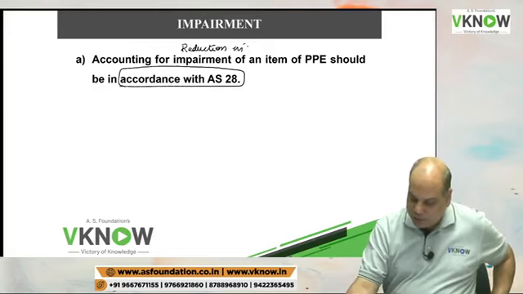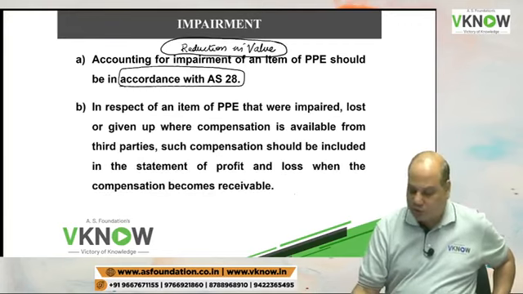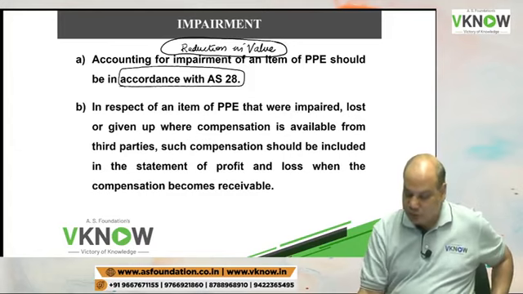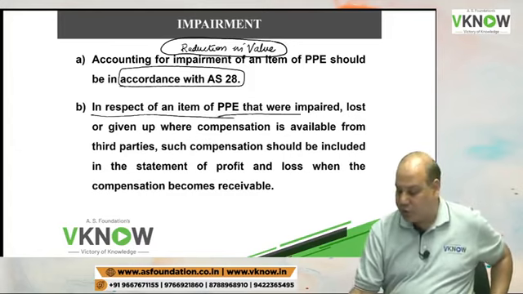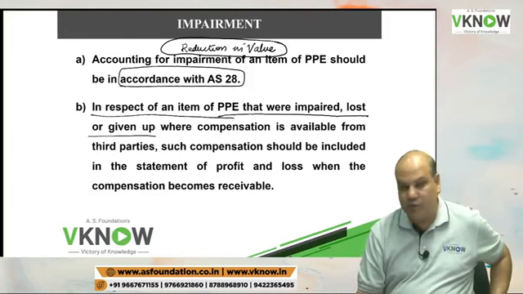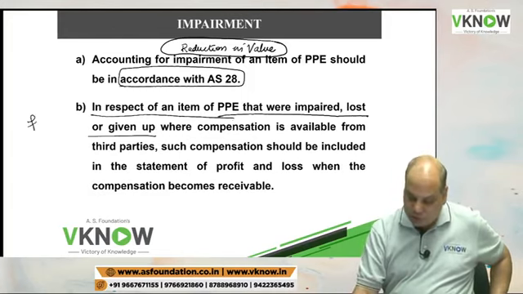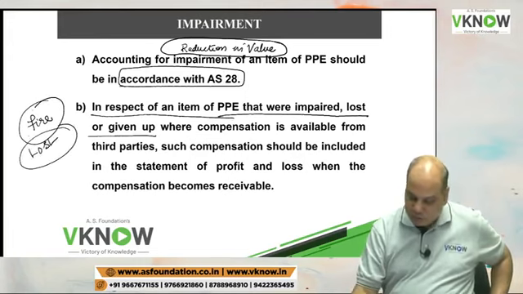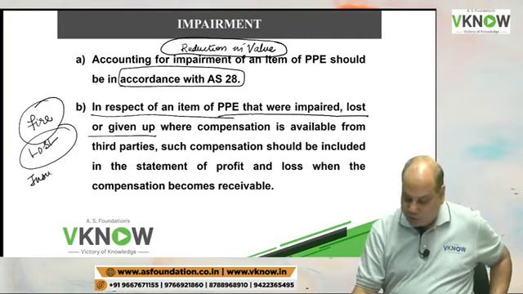However, this is altogether a different chapter, not applicable for your syllabus right now. Point number B: in respect of an item of PPE which was impaired, lost, or given up, suppose there was a fire and the asset was lost and you have taken an insurance cover for that.